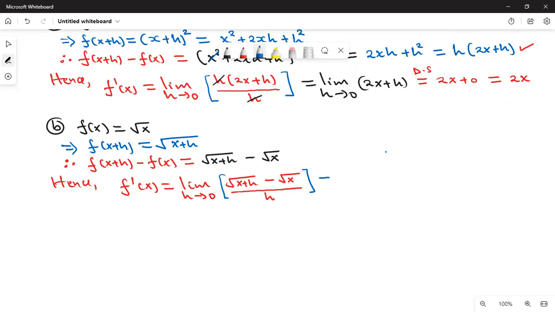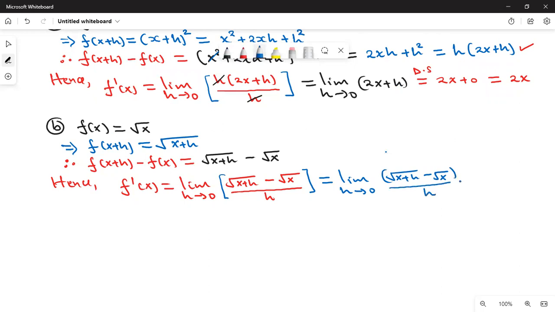So this can now be written as limit as h approaches 0 of, now, remember rationalization, you have to multiply the surd by its conjugate. So it is the square root of x plus h minus root x, over h.